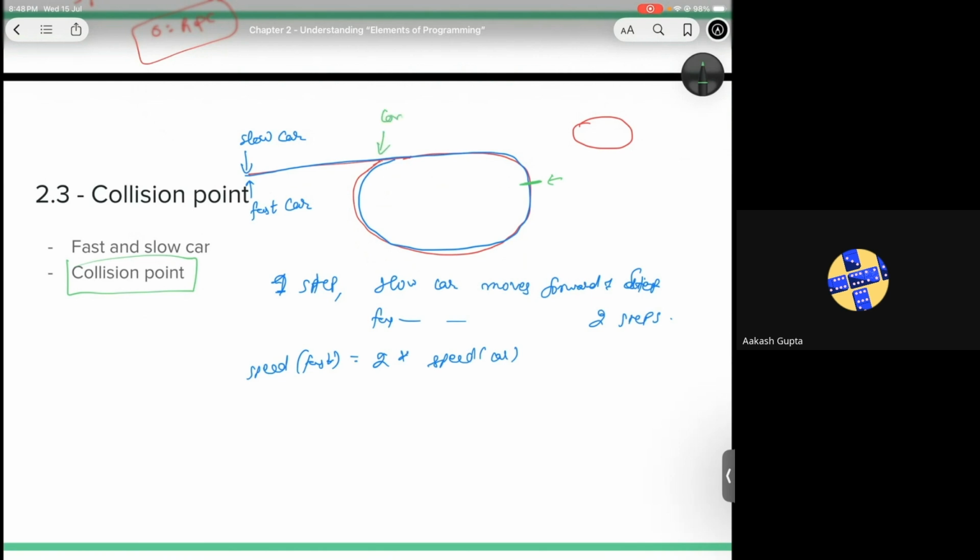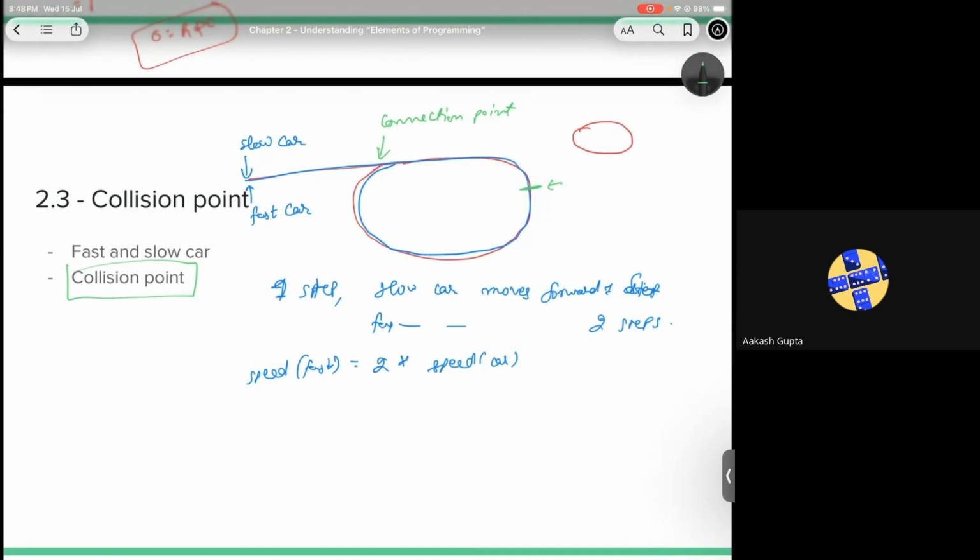One is the connection point, the point where handle and cycle meet. And one is the collision point. Collision point is where, if we apply this algorithm of fast and slow car on the transformation, the point where they meet is known as the collision point. And it is guaranteed via this algorithm that such a collision point will exist. It is not possible that slow and fast car will never meet.